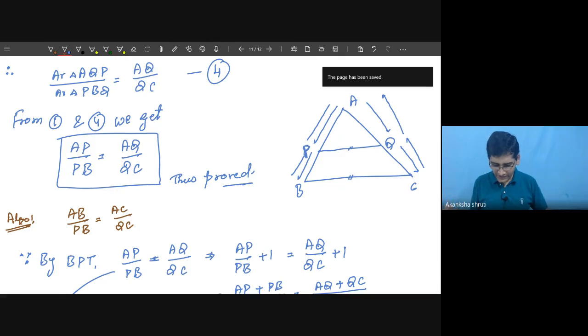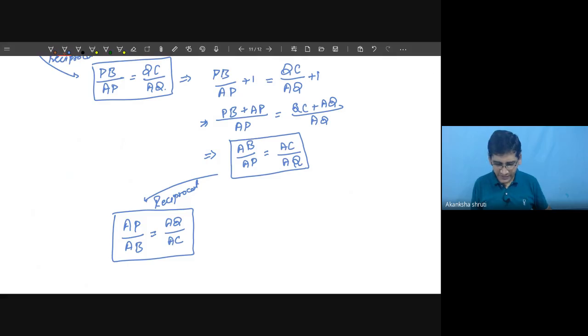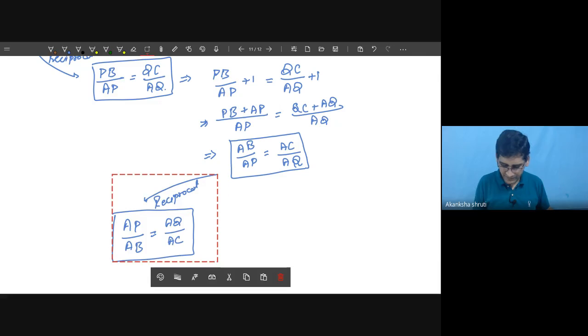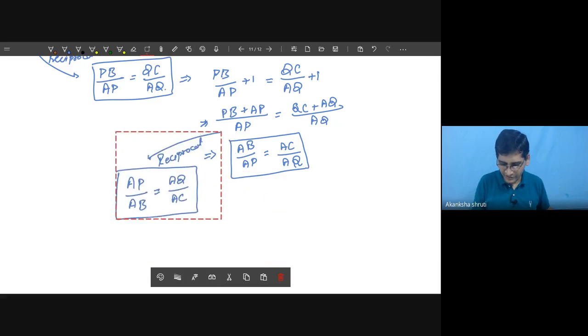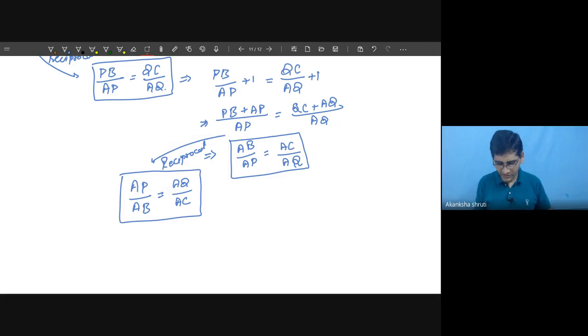A student, there is a reciprocal of this. The reciprocal is called the inverse or converse of this BPT. So let me just write it here rather than explaining more.